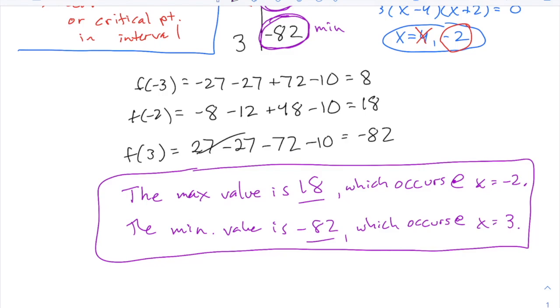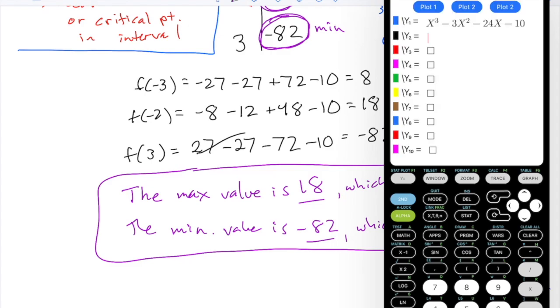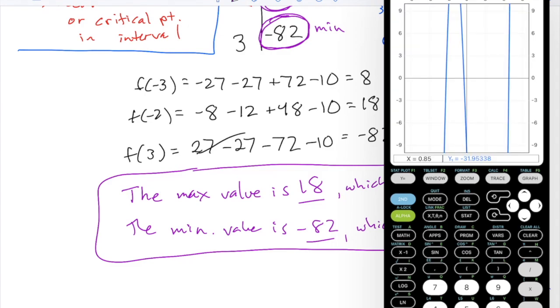But a lot of times, let's keep building that visual connection, that graphic understanding. So let's just take a look at the graph here. I'm bringing in the graphing calculator here, the TI simulator, and there's the equation. If I were to look at this graph, of course, I don't know what kind of viewing window your calculator might be on, but mine's on the standard window, negative 10 to 10.